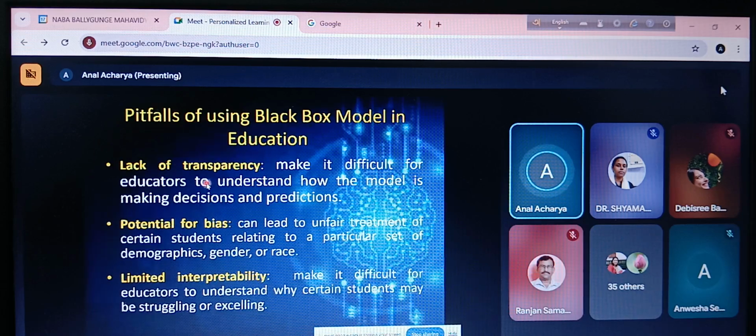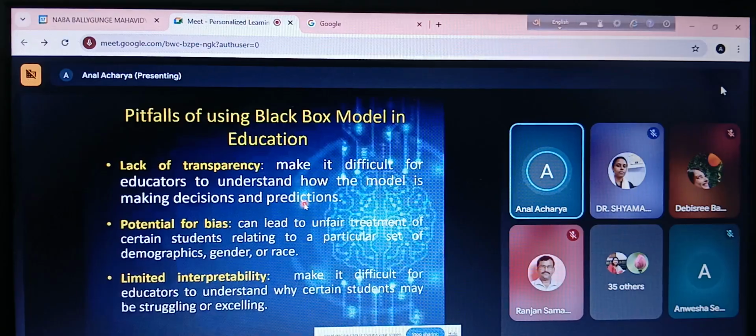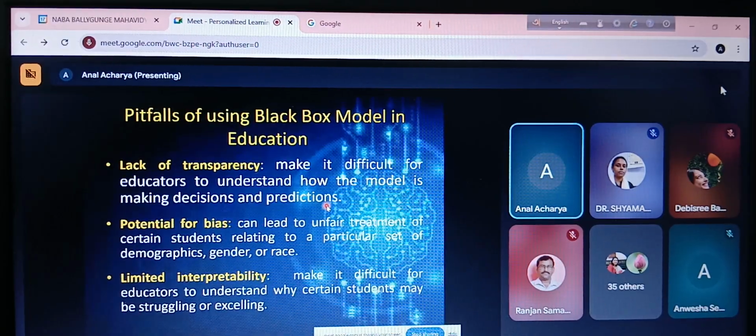So that is called transparency. Some decision has been made. On what basis has the decision been made? Or maybe some prediction has been done. Let us say it has been predicted that in a class of 50 students, maybe 10 students will fail in the exam. So on what basis has this prediction been made? That has to be understood.